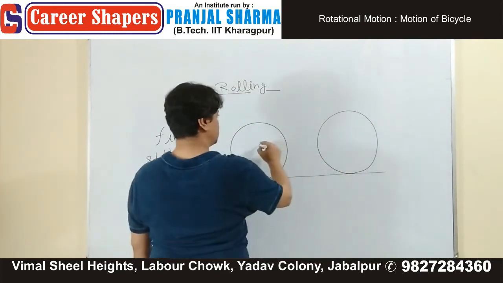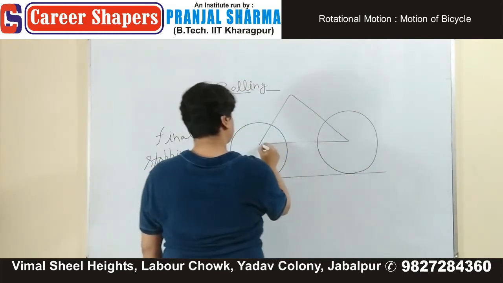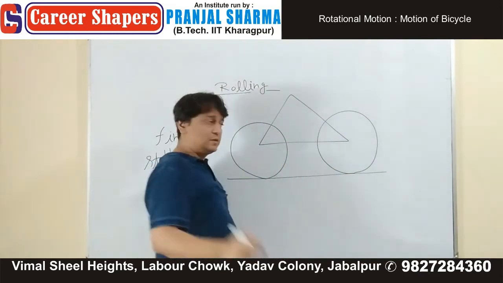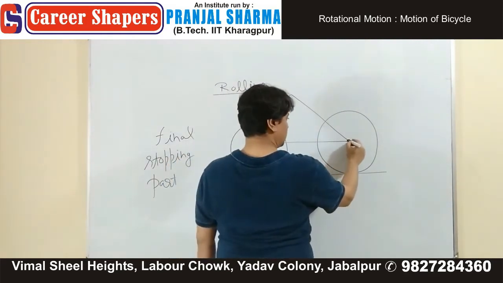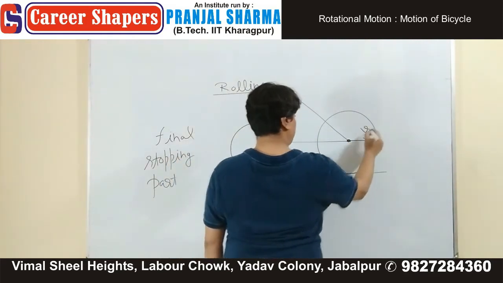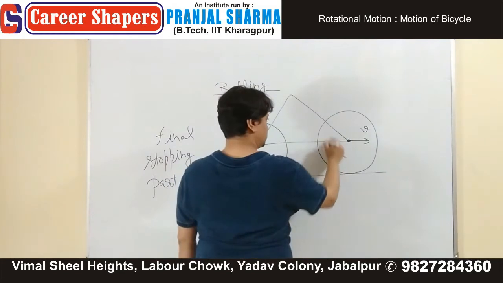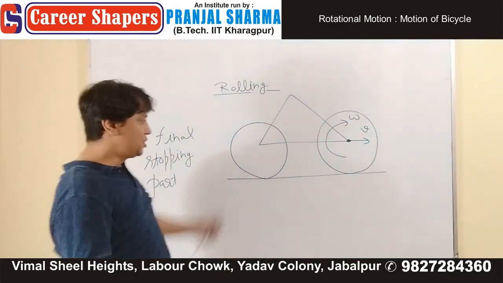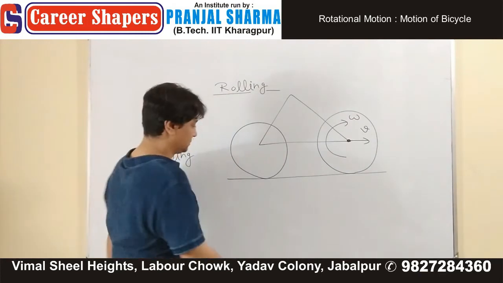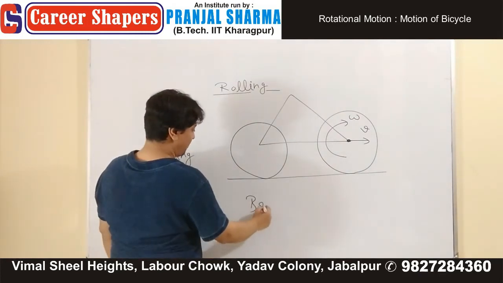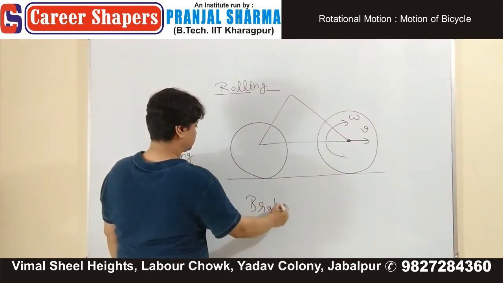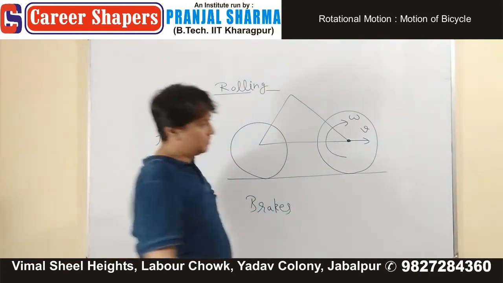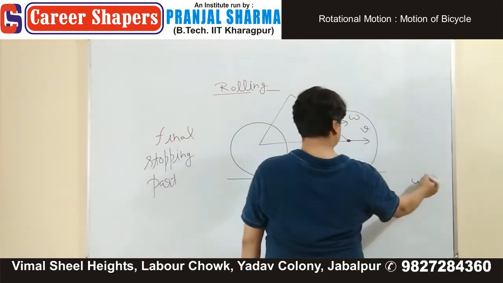These are the wheels of your bicycle. This is moving in this direction with V. This is rotating with omega. And when you apply brakes, this omega is going to decrease.